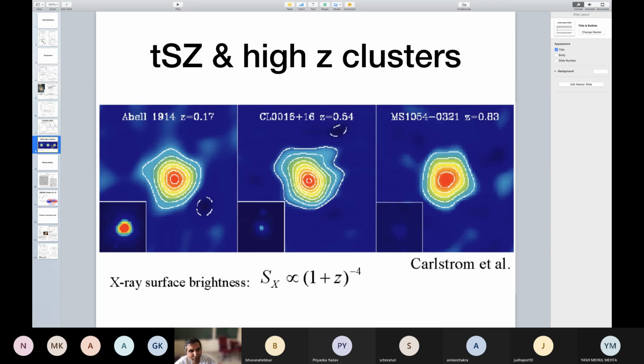This is different from emission. If you have an emitting body and you put it far and far away, the flux that you observe becomes extremely small. So here is an actual example. These are 3 galaxy clusters, and the main figure shows this SZ effect.